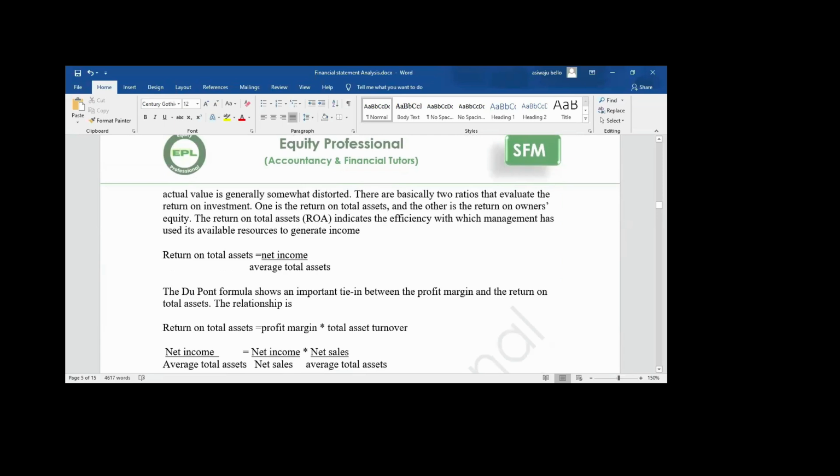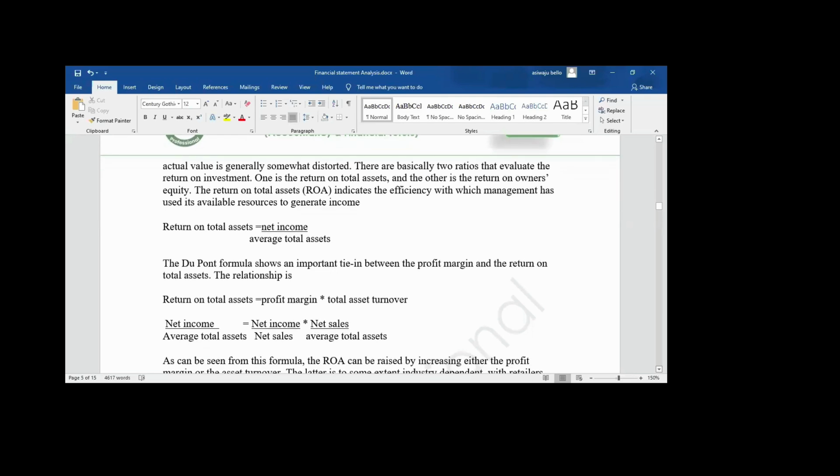There's a concept called DuPont's identity. But you can calculate return on assets with a view to determine the performance of the company, the extent to which the company is using its assets to generate profits.